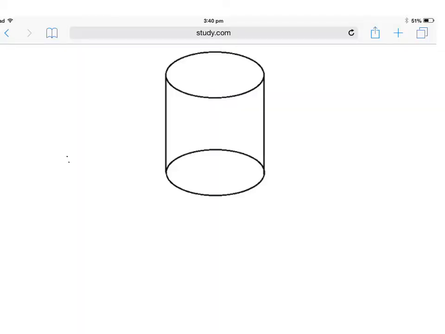Now let's identify the different features of this 3D shape. Can you name the shape? That's right, it's a cylinder. Let's look at what features this particular shape has. A cylinder is a solid that has two parallel circle bases. There is one circle up there. Let's change that colour.